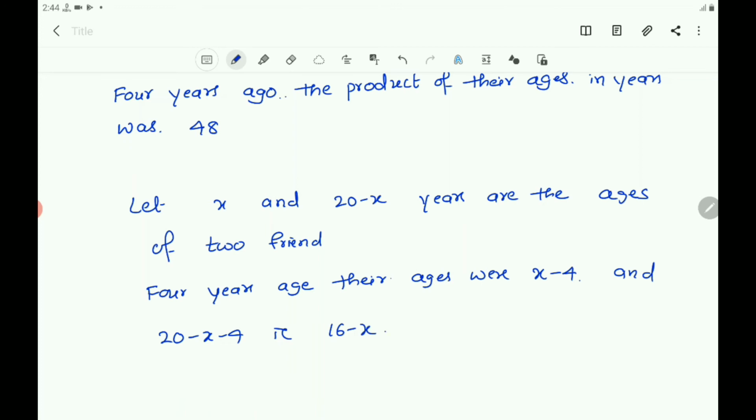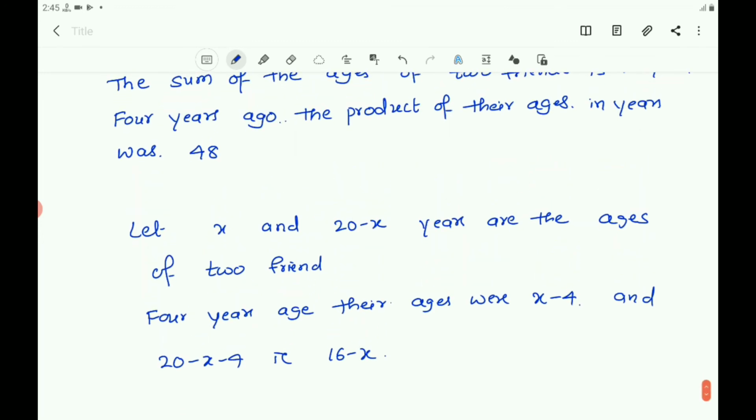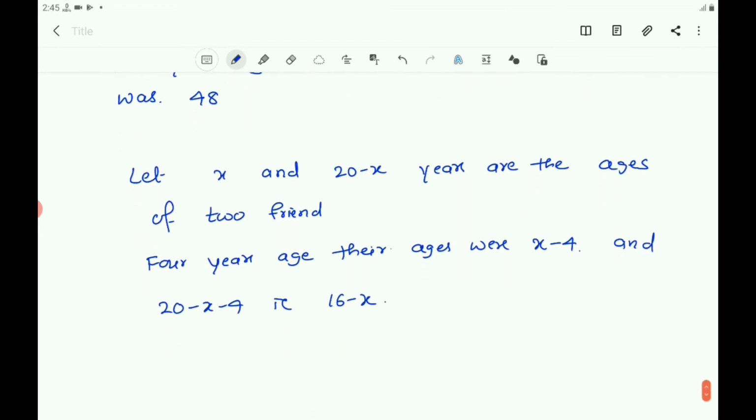So 4 years ago their ages were x minus 4 and 16 minus x, and the product of their ages 4 years ago.